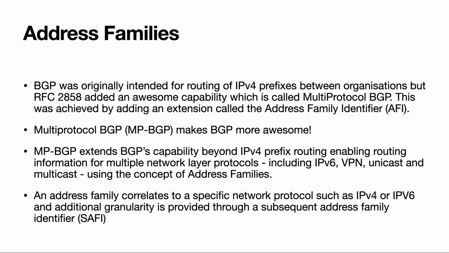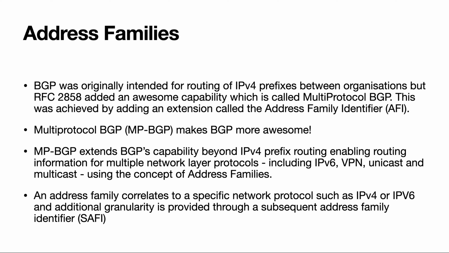Okay, we talked about AS path attributes. Let's talk about address families. BGP was originally intended for routing of IPv4 prefixes between organizations, but RFC 2858 did something quite revolutionary. It added something called multiprotocol BGP, and this made BGP more awesome, the way I like to think of it.